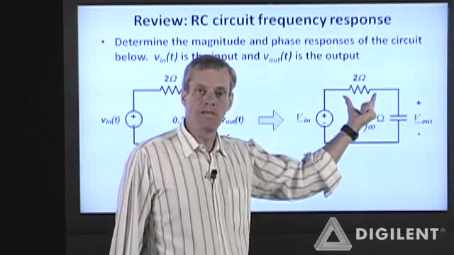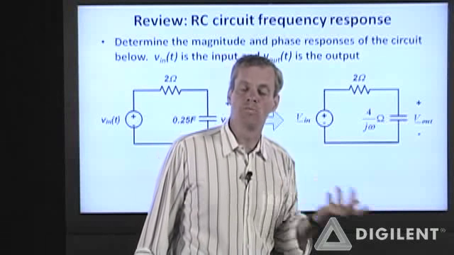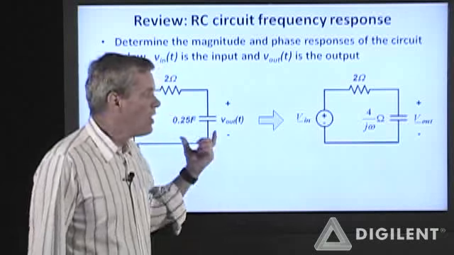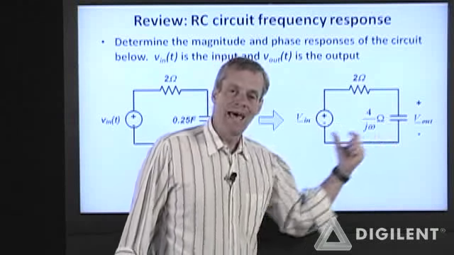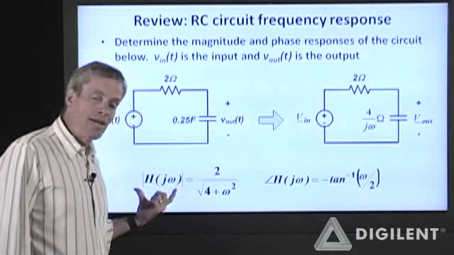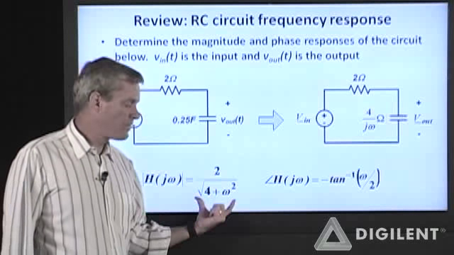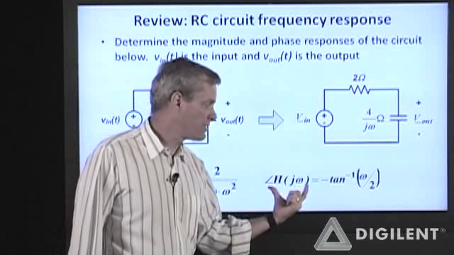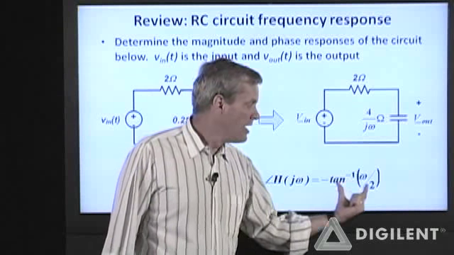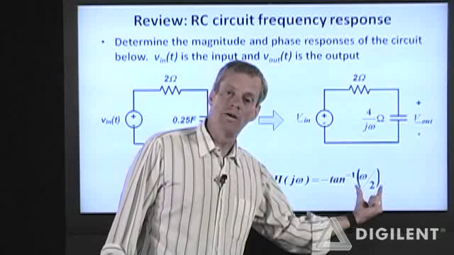The resistor's impedance doesn't change. It's still 2 ohms. It's independent of frequency. This turned into a voltage divider in the frequency domain. Once we did that analysis, we determined that the magnitude response was 2 over the square root of 4 plus omega squared, and the phase response is the negative of the arctan of omega over 2.